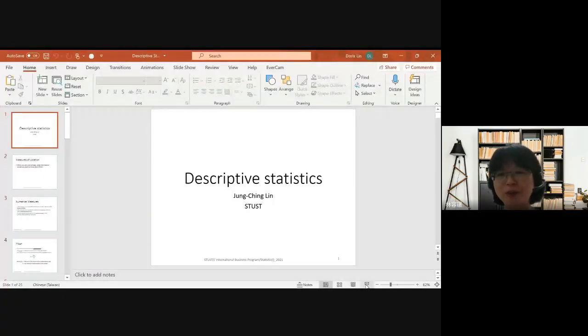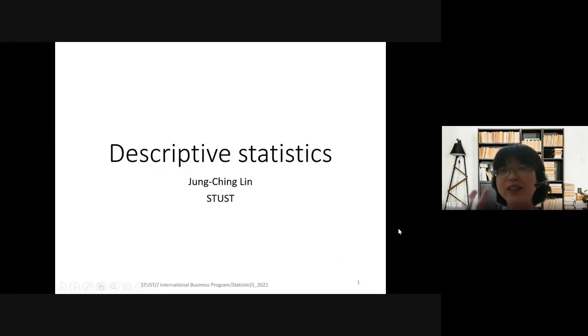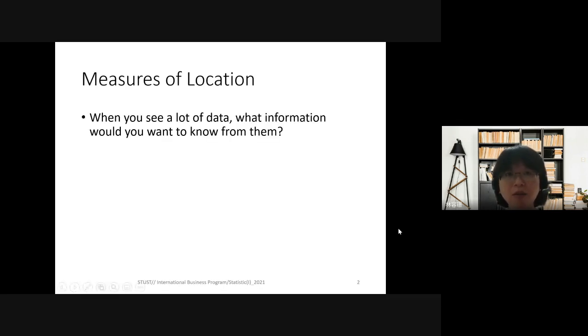If you forget what paragraph or figures it is, don't worry about it. Maybe next week we can try to draw it. But now you have to pay more attention to what I introduce, because there may be some calculation you need to learn. So this is descriptive statistics section 2.